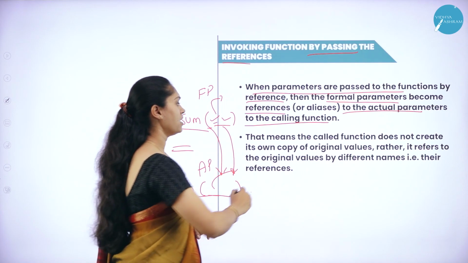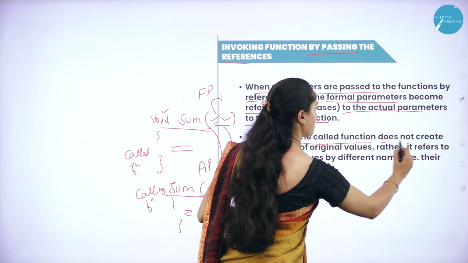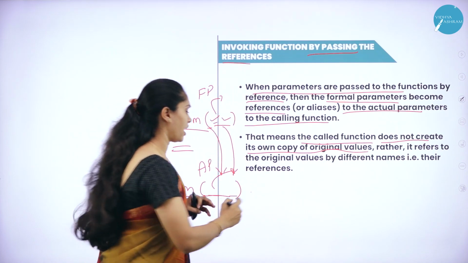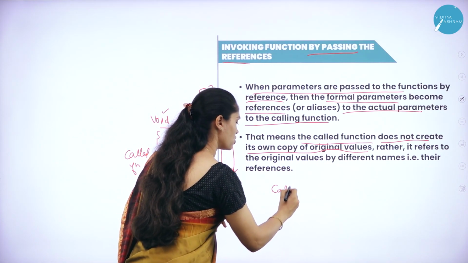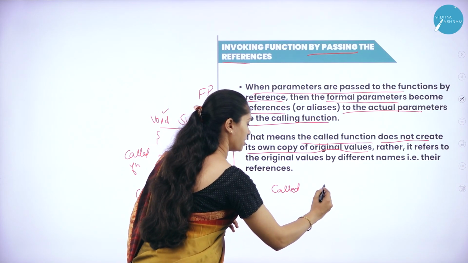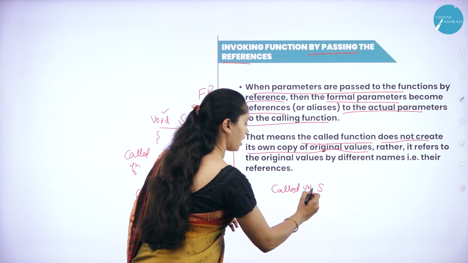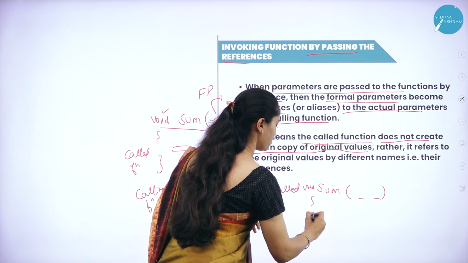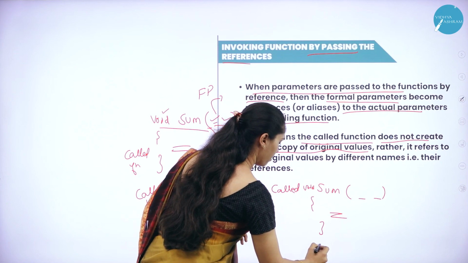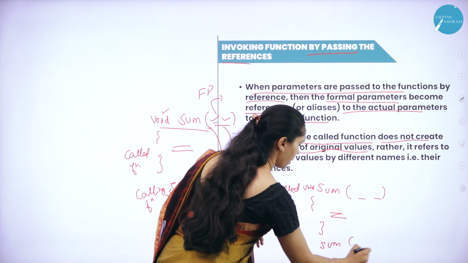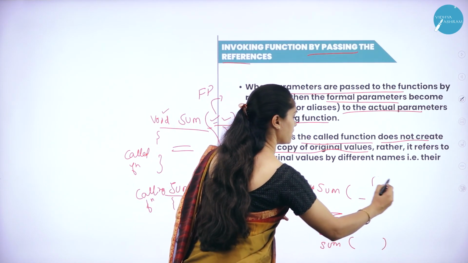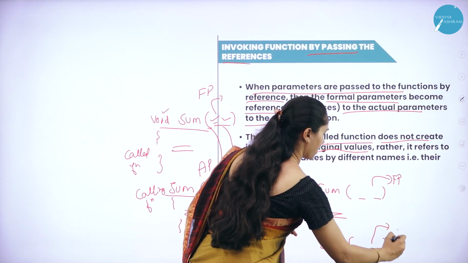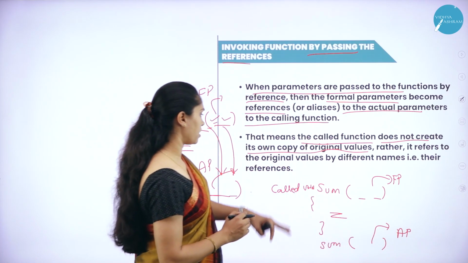So when the called function does not create its own copy of the original value, let me take void sum with some parameters as the called function, and the calling function sum with some parameters. This is the formal parameters and this is the actual parameters.